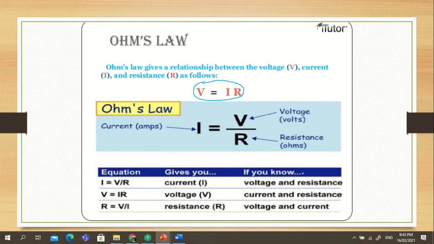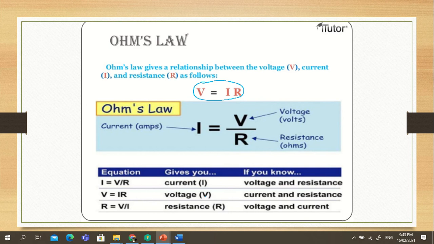So here's the equation. When you have I equal to V over R, it gives you the current. If you know the voltage and resistance, you will be able to calculate the current I. Or if you know the current and resistance, you just multiply them, and you will get the voltage.